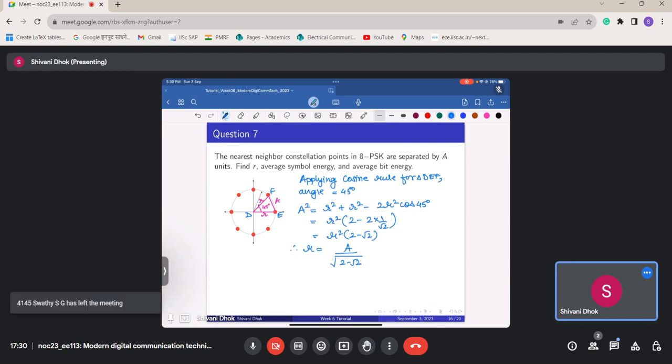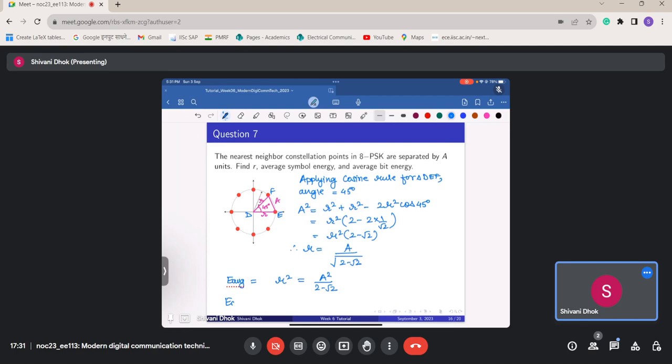Now again, this E average, that is average symbol energy, we had seen will be R square plus R square 8 times, whole divided by 8. So this will be simply equal to R square, which is equal to A square upon 2 minus root 2.